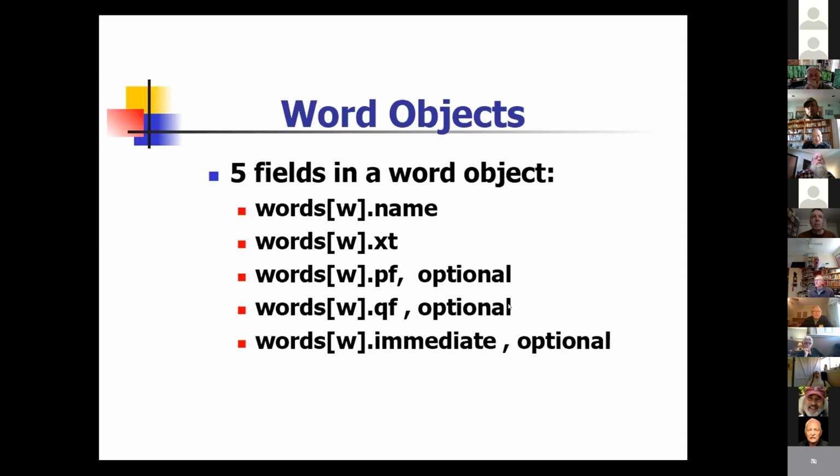And then there is an immediate field, which has a flag indicating whether this word is an immediate word or not. So a word will have at least two fields, the name field and the code field, and it has 3 other optional fields.